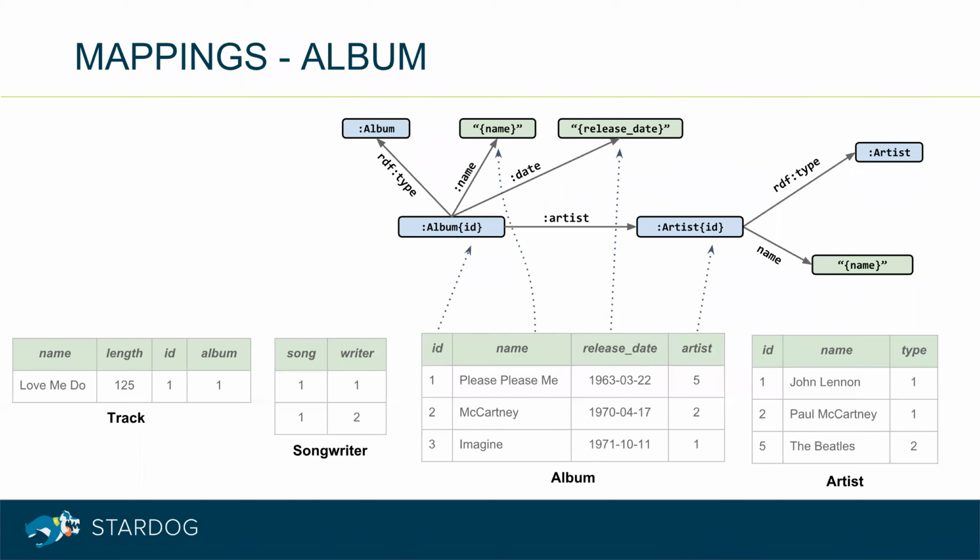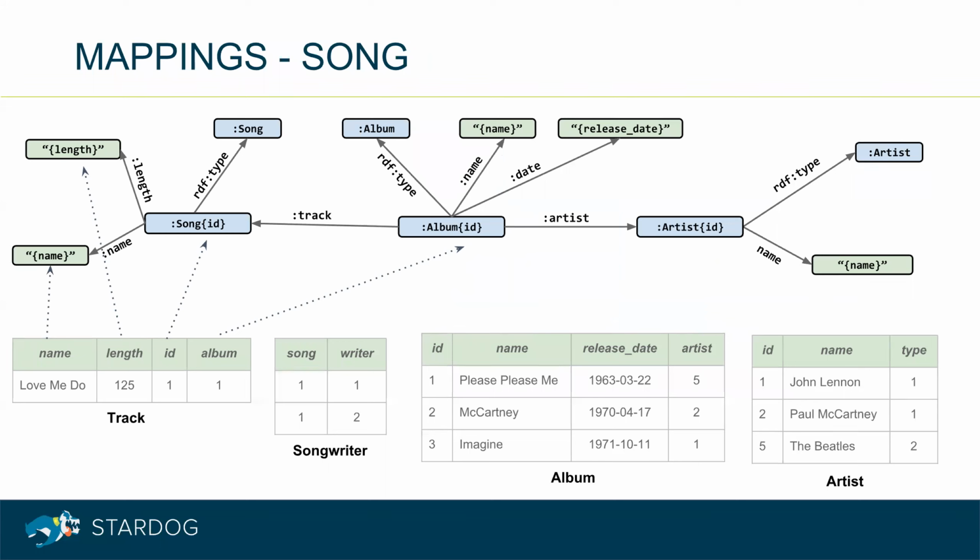So for the artist column in the album table, we simply use the same IRI template that we used for artists when we mapped the artist table. As a result, both nodes created by these mappings will refer to the exact same node, and we will get the links between the nodes created by those two mappings.